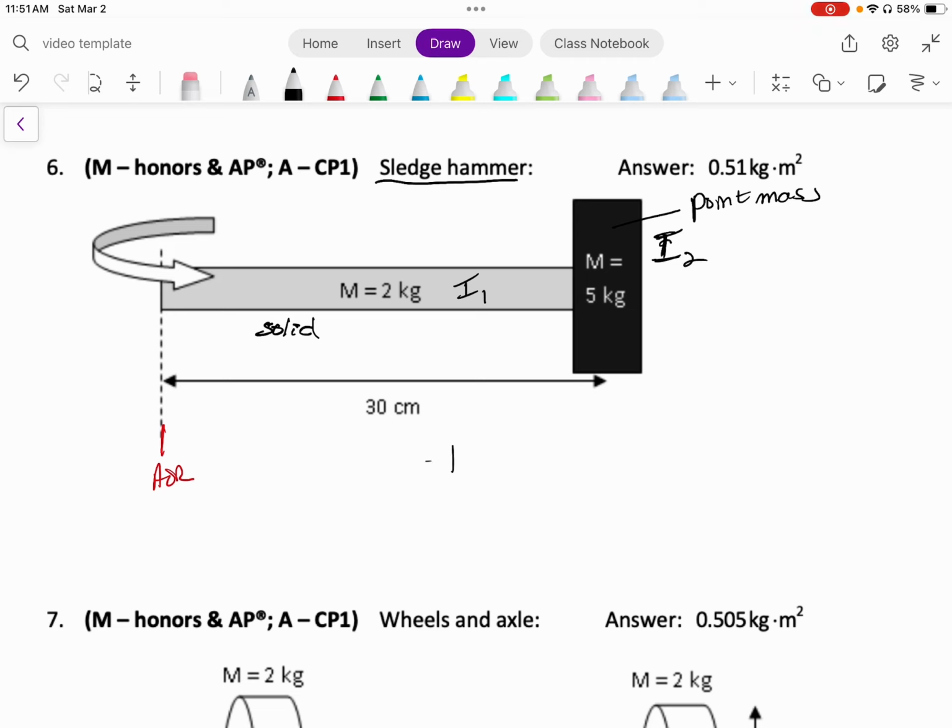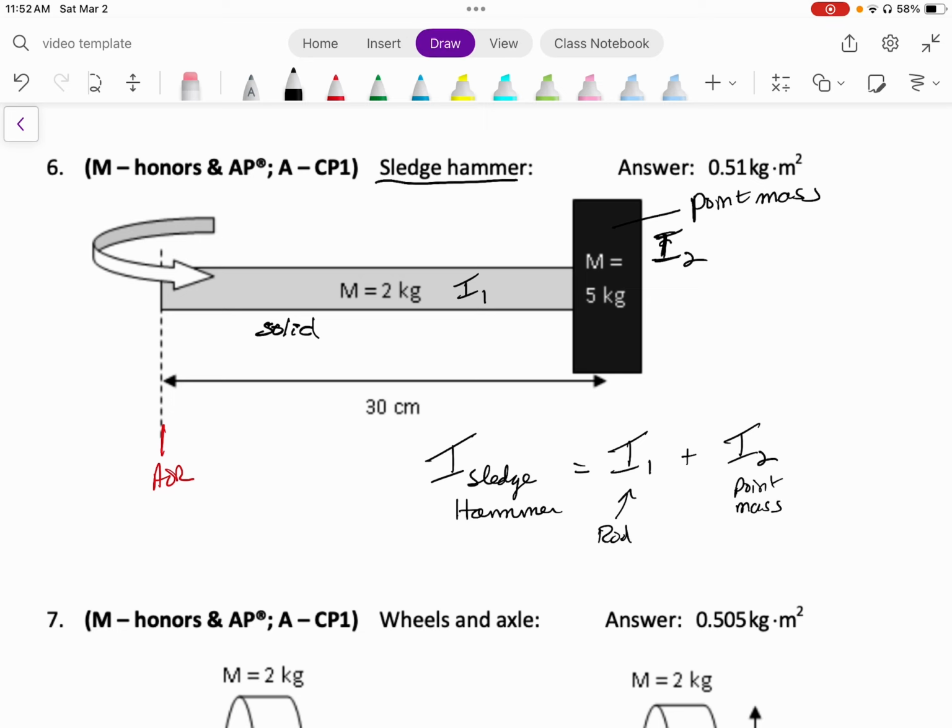Okay, so the rotational inertia of this sledgehammer can be estimated as the rotational inertia of the first piece, which I'm going to say is a rod, plus the rotational inertia of the mallet, which I'm going to assume is a point mass.